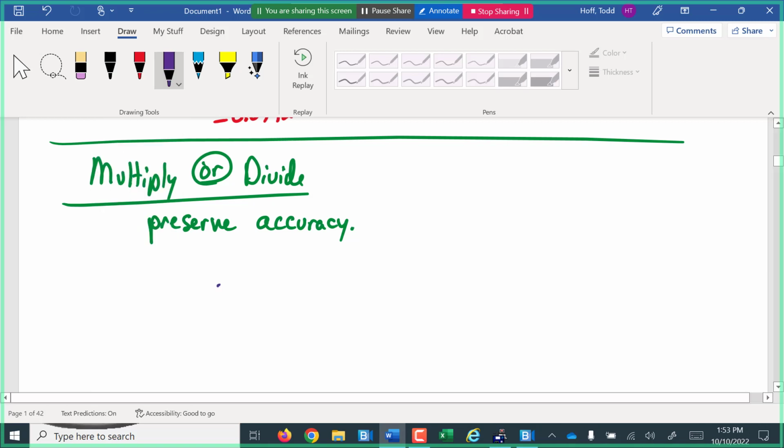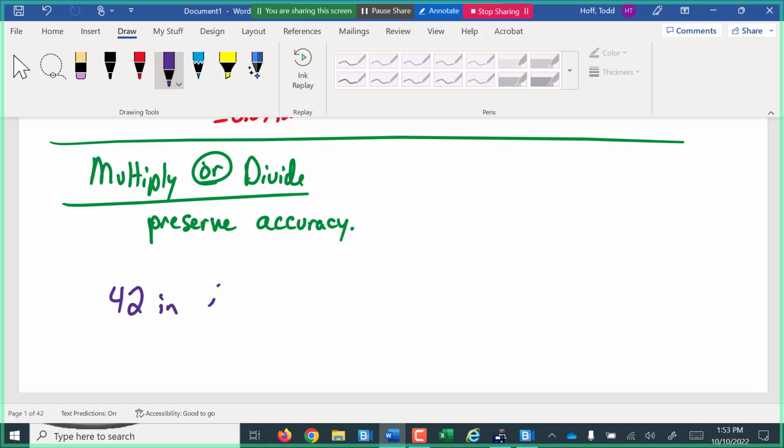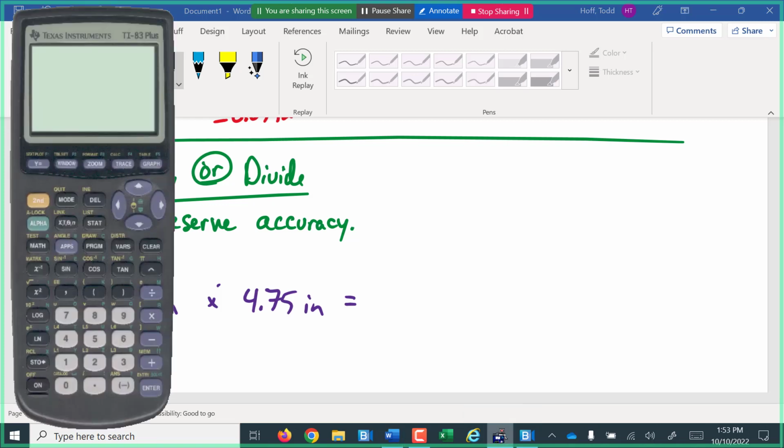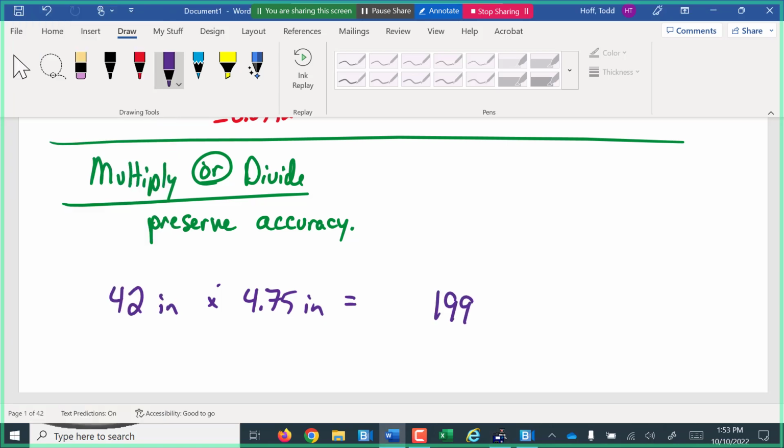So if I have 42 inches times 4.75 inches. Well, we multiply that out. We get 199.5. Of course, inches times inches is square inches.